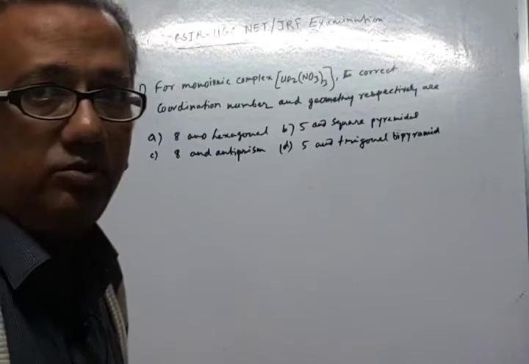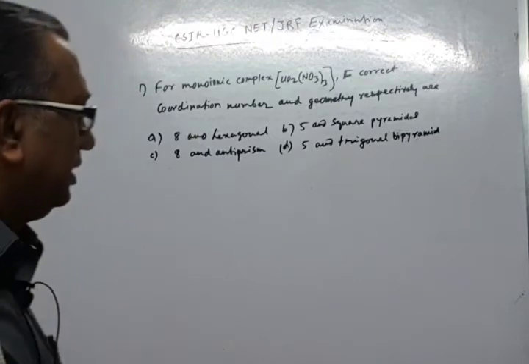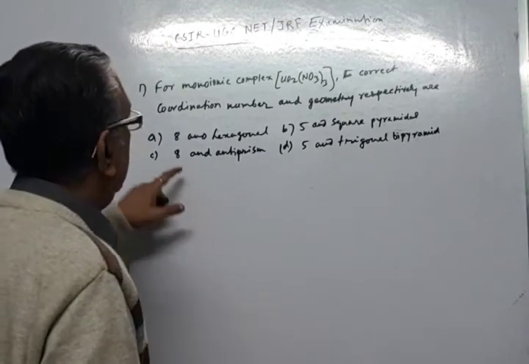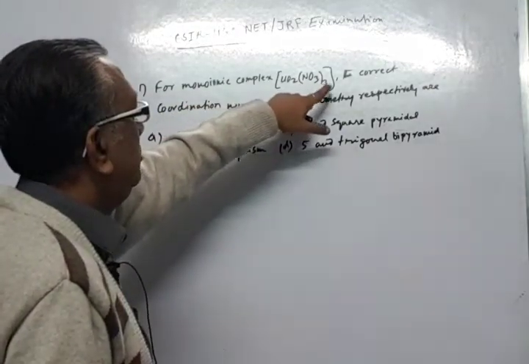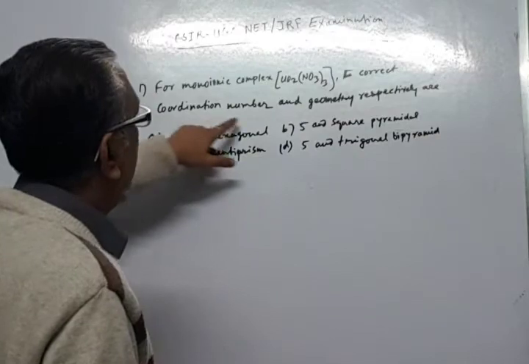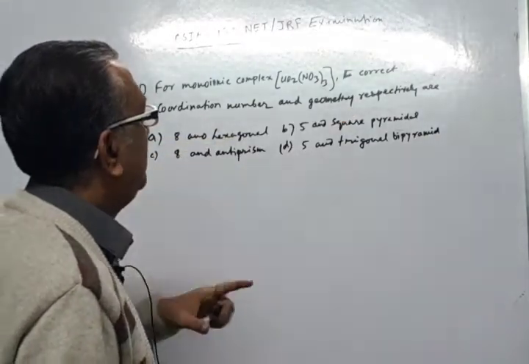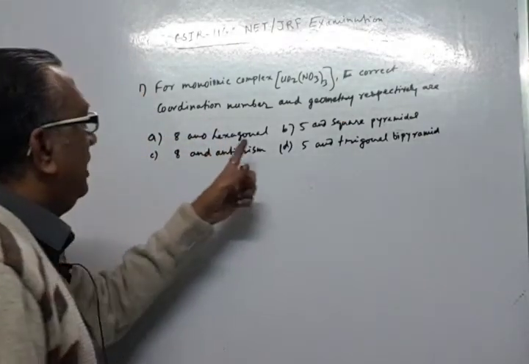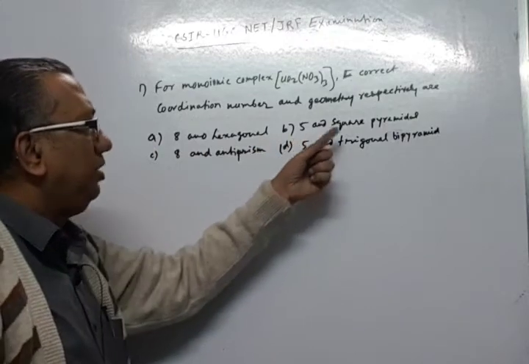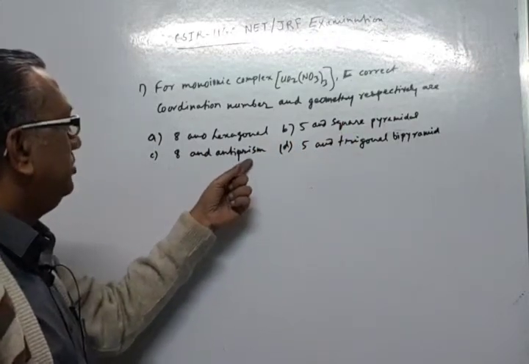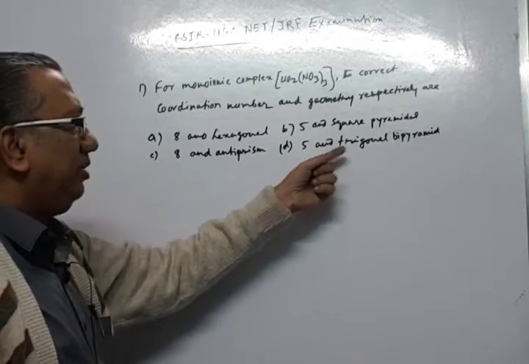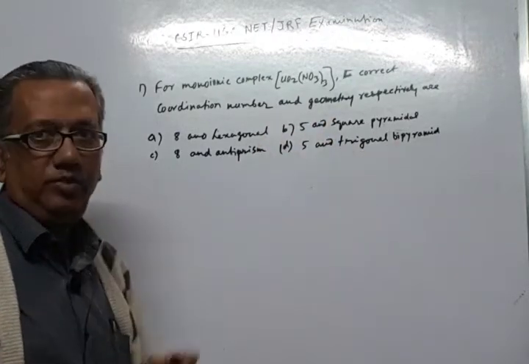Now the question is that for the coordination complex UO2(NO3)3, the correct coordination number and geometry respectively are 8 and hexagonal, 5 and square pyramidal, 8 and anti-prism, and 5 and trigonal bipyramid.